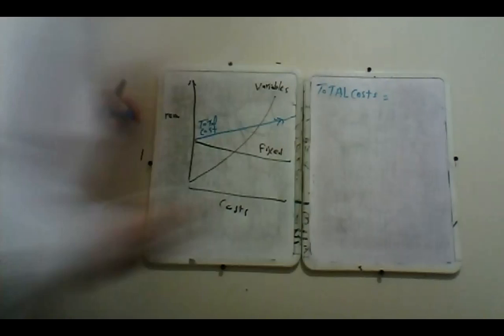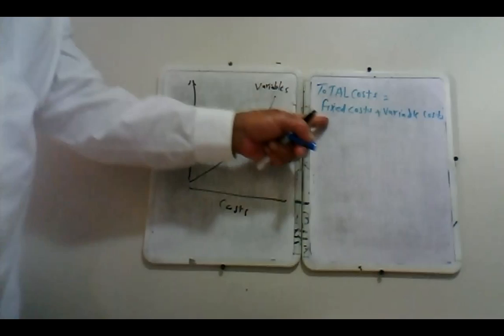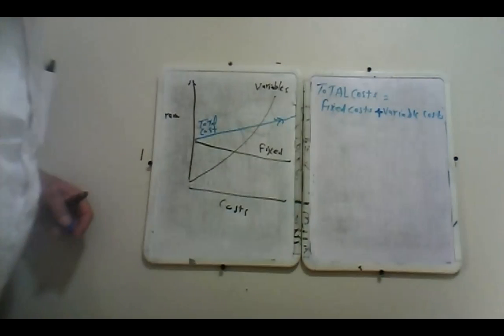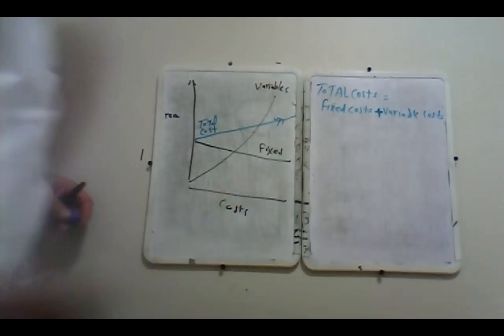Total costs equal fixed costs plus variable costs, both of them together.